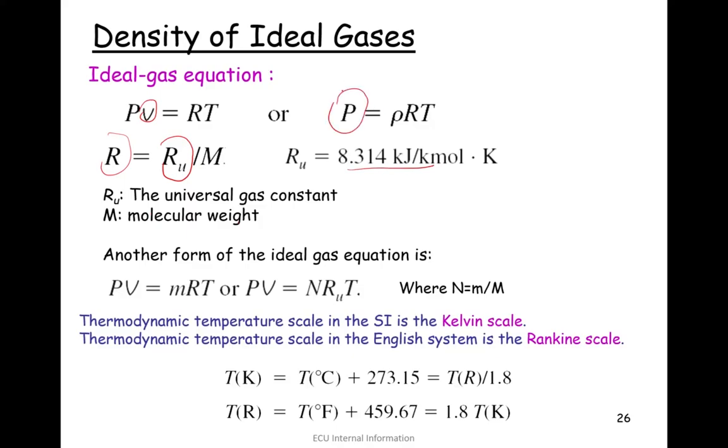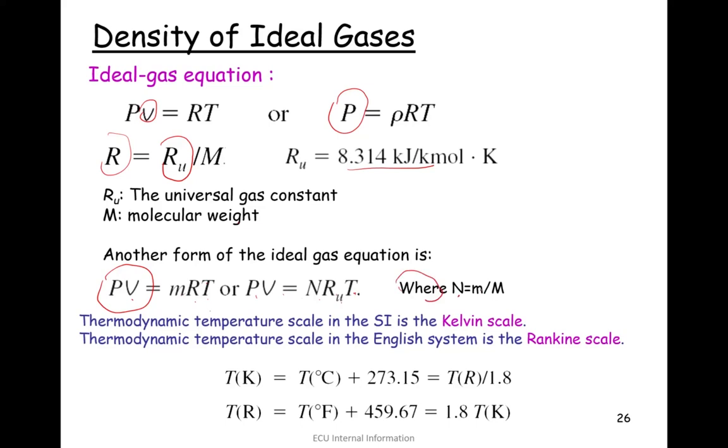And based on this, we can say pressure is equal to rho RT. Another form of the ideal gas equation is similar, PV equals mRT, because we are talking about mass in this case, or PV equals nR_uT.